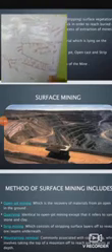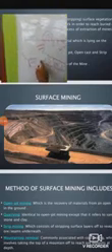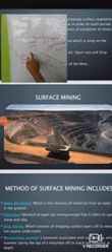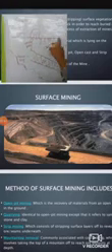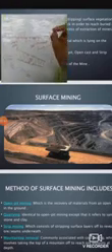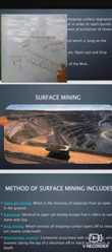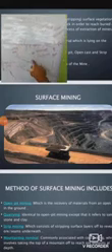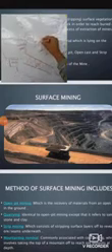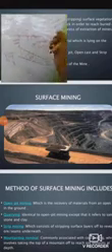Surface mining is a procedure of getting this coal by removing this overburden material. Means if you want to get the mineral deposit, you have to remove this complete overburden rock. What is overburden rock?